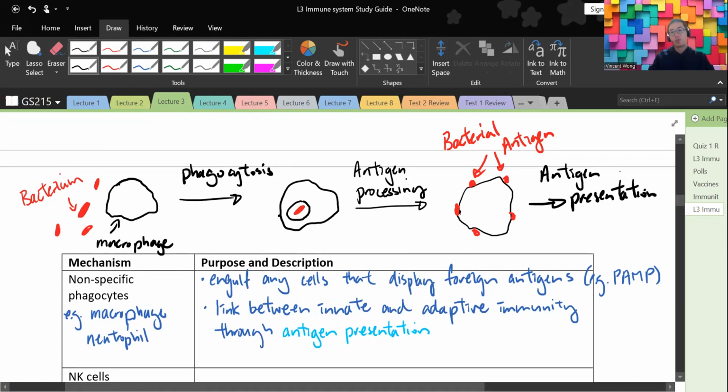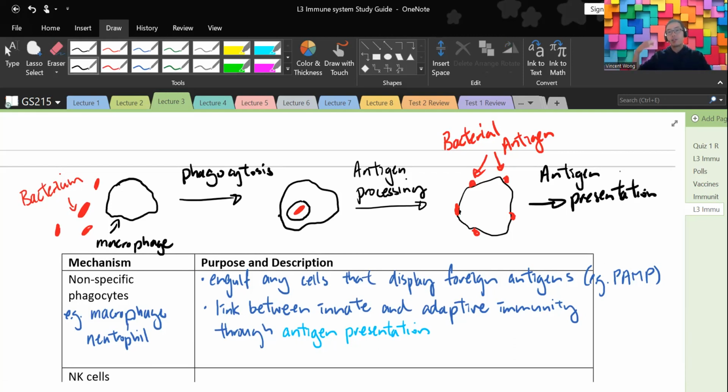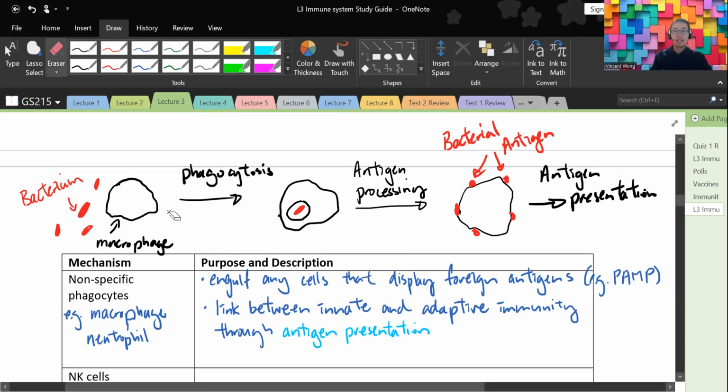If you watch the lecture recording, you will know that it will actually show it to some of the T cells and trigger them to differentiate, right? To clone themselves. Okay, so this whole process is necessary for activating the adaptive immunity. And so just to clarify, antigen processing is the ability to break down the bacteria and put some of the bacterial antigens on the surface, right? And then to show it to a T cell, that is called antigen presentation.